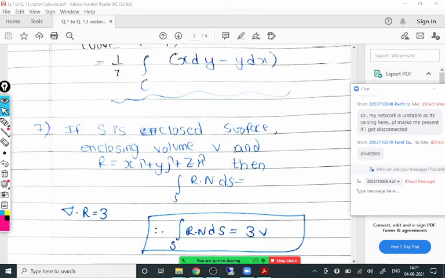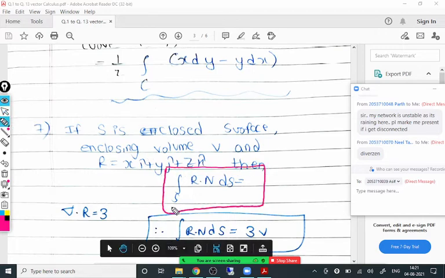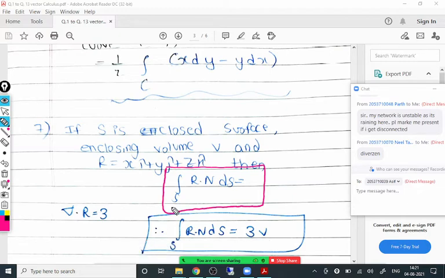Question number 7 now. If S is a closed surface enclosing the volume V and R bar is this one, then tell me whether it is a single integral or double integral. What is the meaning of this? Is it a line integral or surface integral?